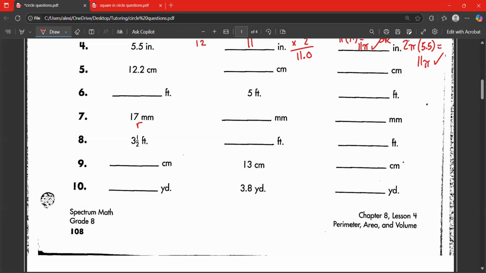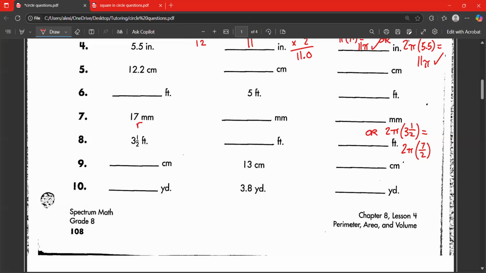Let's calculate the circumference using the radius formula first. So that's 2 times pi times 3.5. Now, in order to multiply with a mixed number, I need to turn it to an improper fraction. So this is really 2 times pi times 7 over 2.